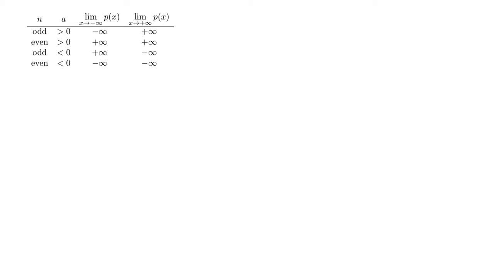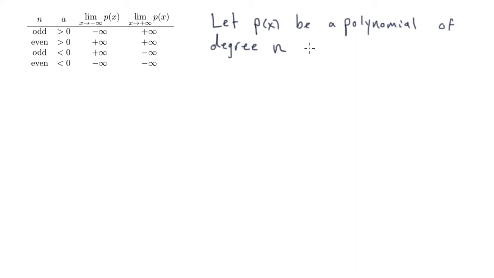So let's start out by talking about the end behavior of polynomial functions. So what we want to do is let p of x be a polynomial of degree n and leading coefficient a.